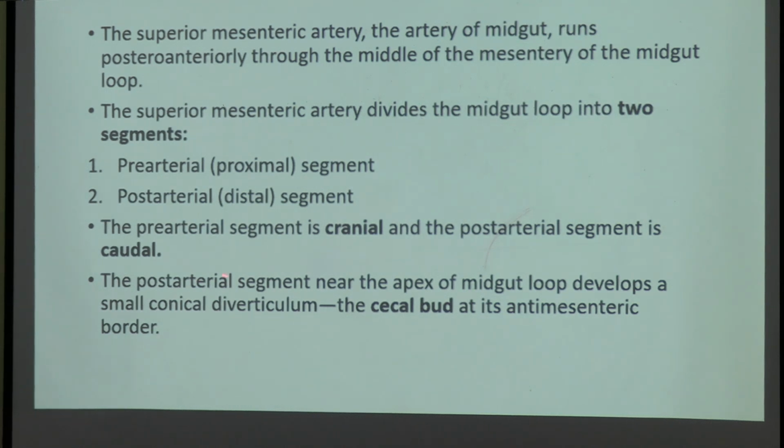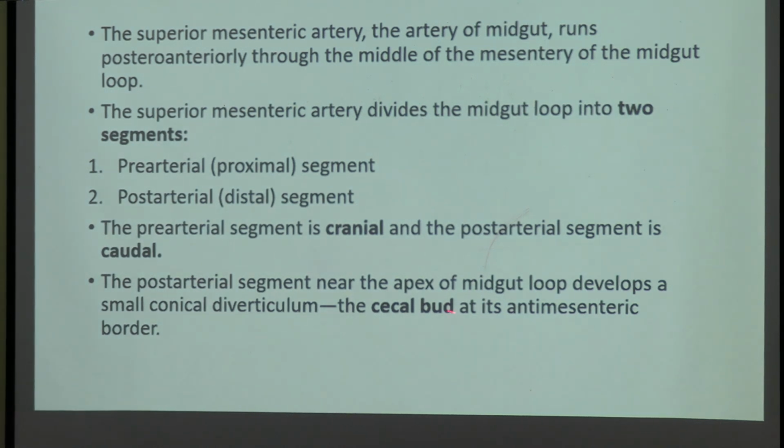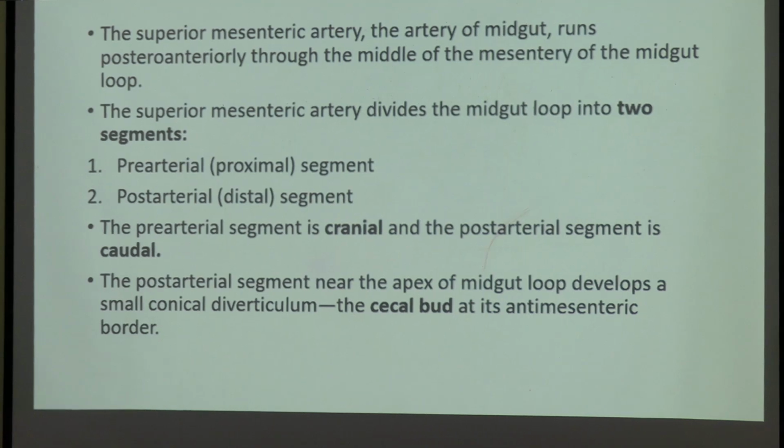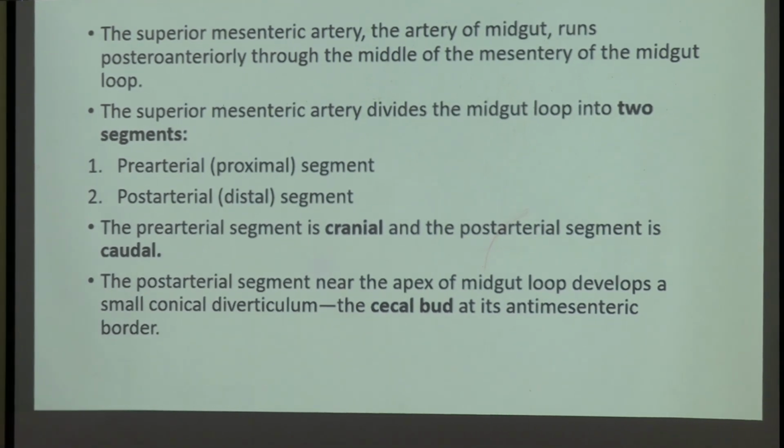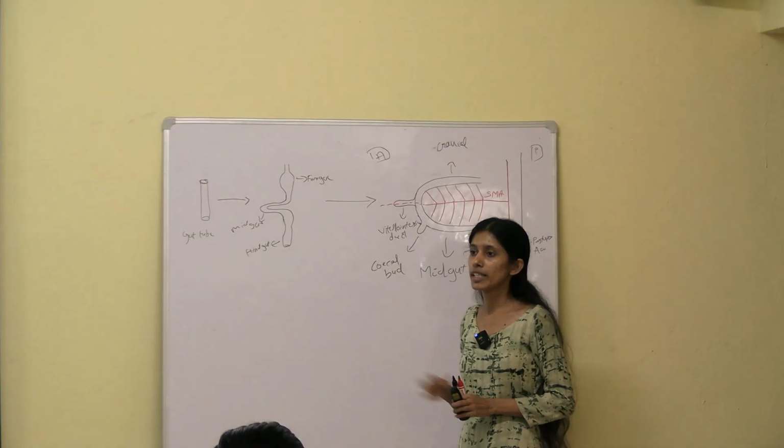The post-arterial segment near the apex of the midgut loop develops a small conical diverticulum called the cecal bud at its antimesenteric border. So, in the post-arterial segment we have the cecal bud. This is the cecal bud. Any doubts in this?